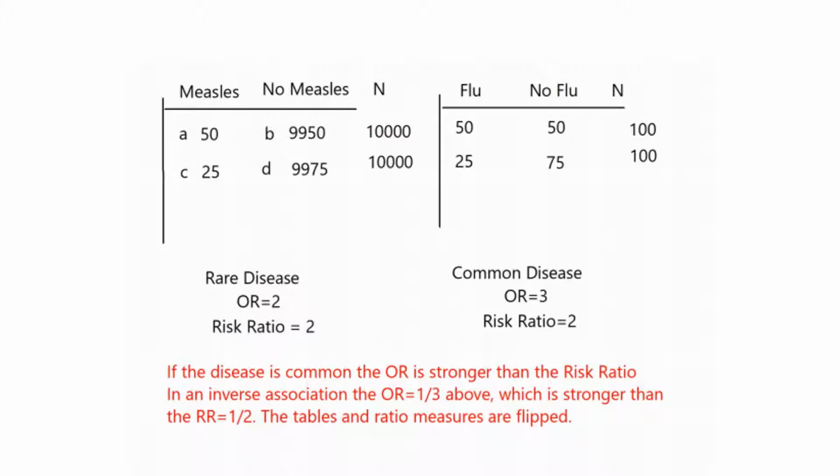When you have a more common disease, it occurs more often, so usually you wouldn't need as long of a time period to follow people. It depends on how long it takes to get that disease. If you're thinking in terms of a longitudinal study, how long would you have to measure people before they get the flu, for example?